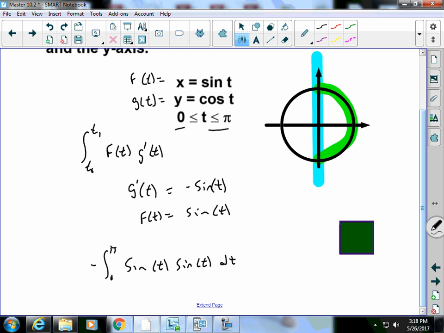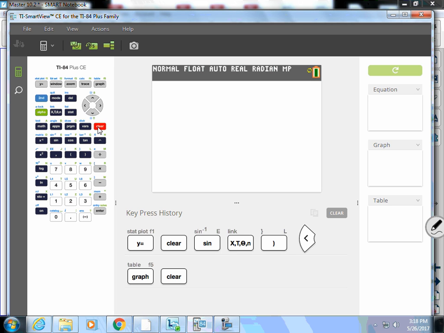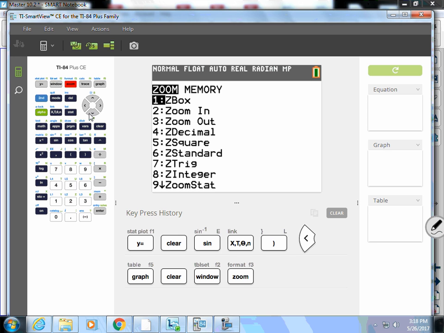I'm going to stop for a second, and you notice I put 0 to pi. Let's look at this function real quick. It's important, so clear this window, zoom square.